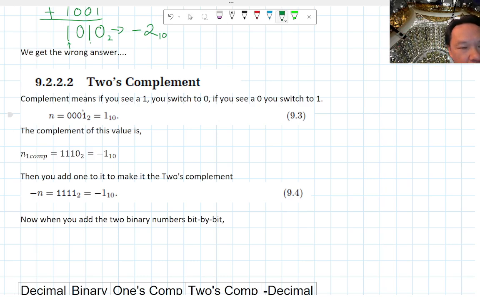So once again, we go back to our example where, if this signed integer is 0001, it represents +1 in decimal. The complement of that is that every time I see a 1, I put in a 0, and every time I see a 0, I get a 1.